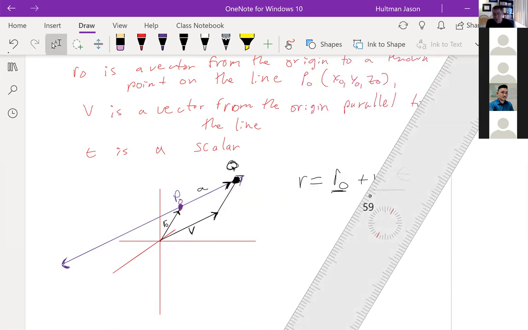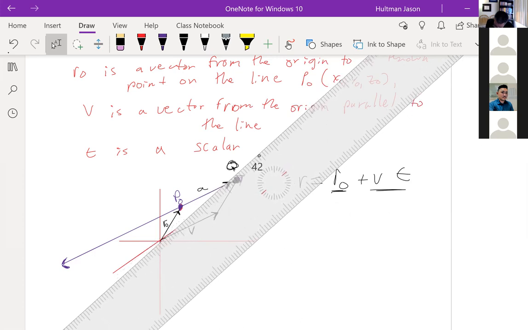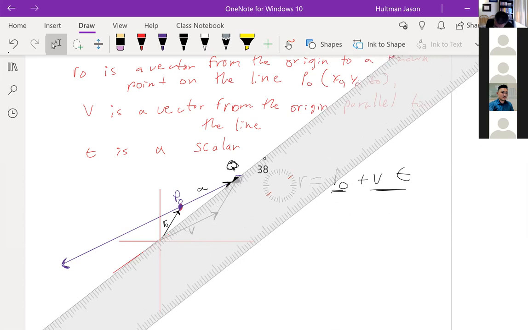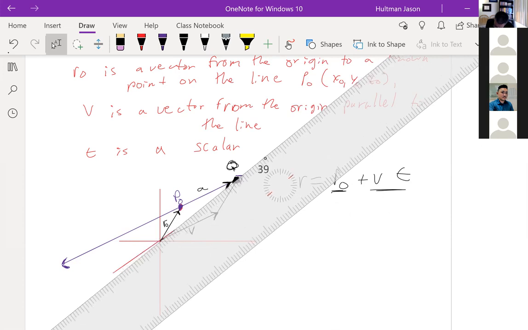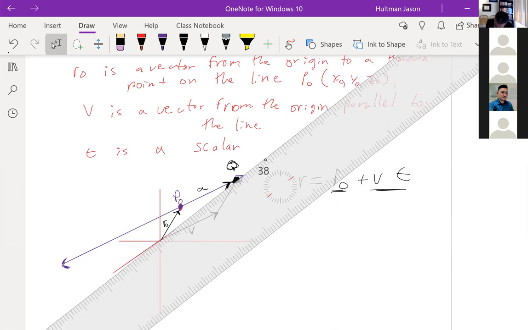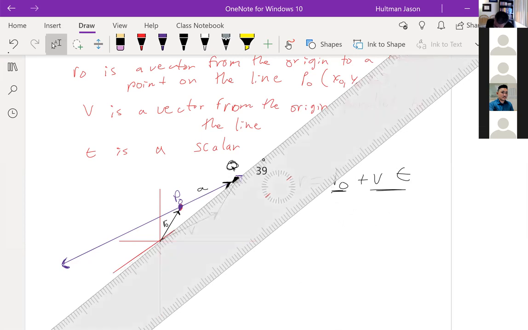You see my parallelogram? So if I add these two vectors, R naught and V, what am I going to get? I'm going to get this vector here. I'll put this in gray. Okay, the resultant vector.